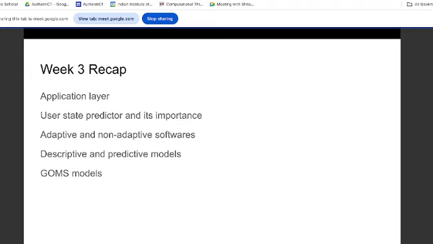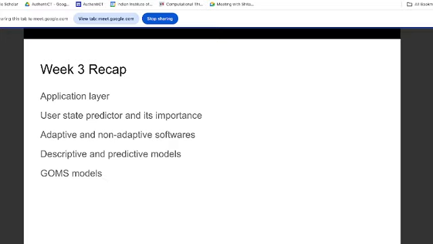We learned about 3 descriptive models in detail, and today we are going to talk more in depth about the predictive models. So we had some introduction to it, the GOMS models. There were 4 types of those, and this week we are going to learn one of them.